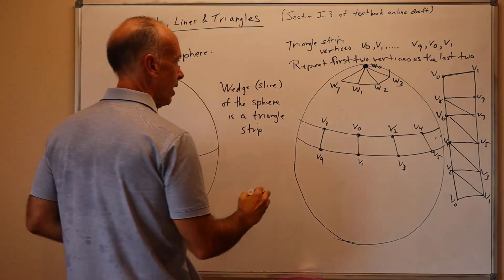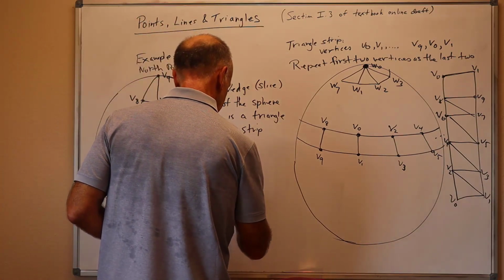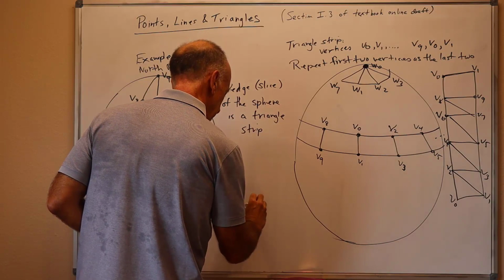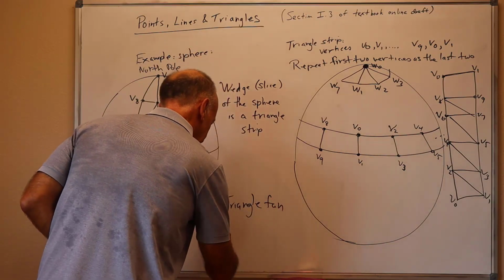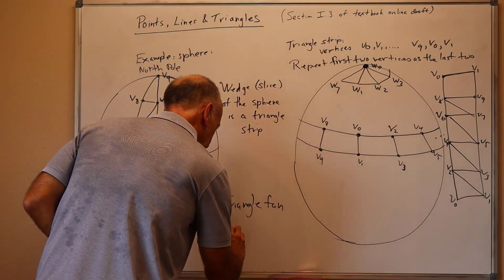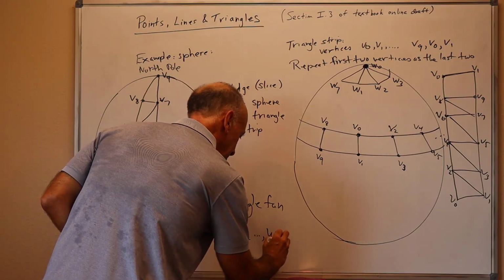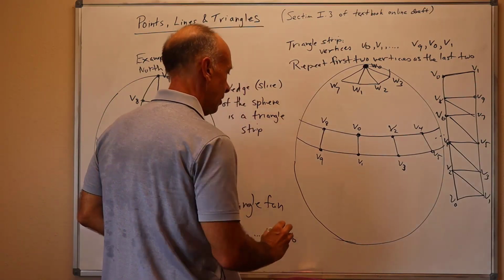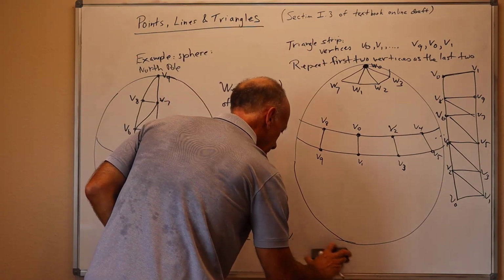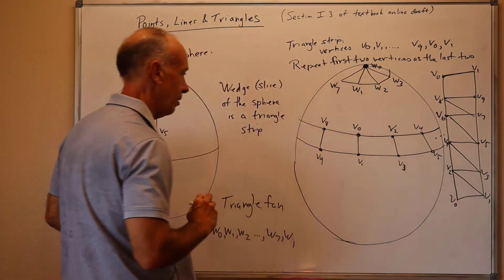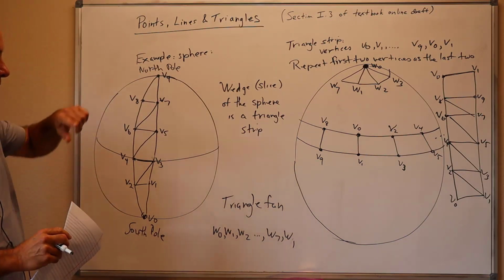And so the triangle fan would use vertices W0, W1, W2, up through W7, and then repeat W1 to close off the last triangle in the fan.